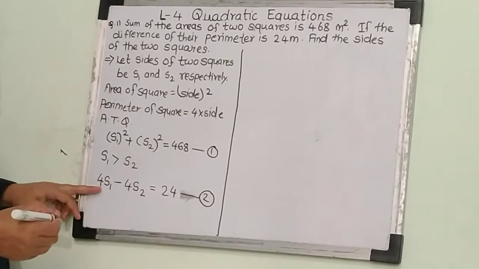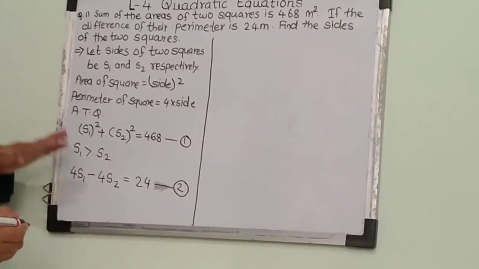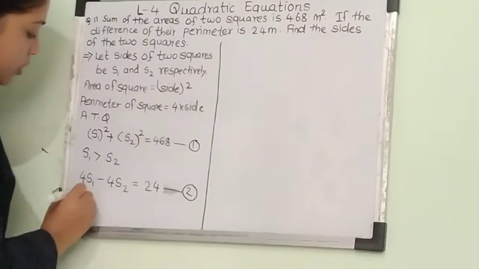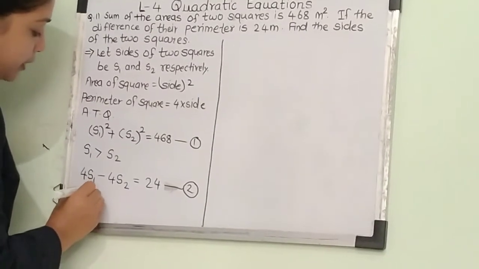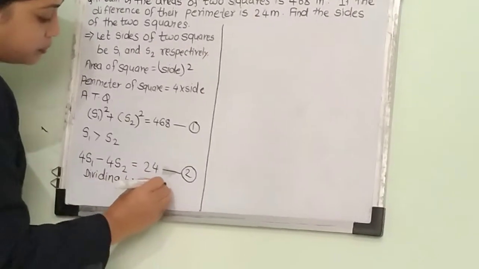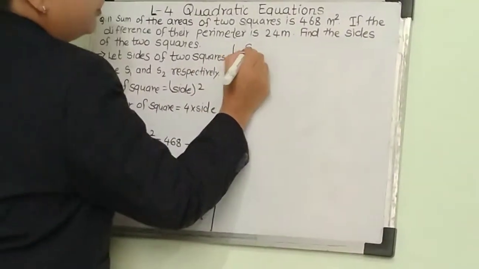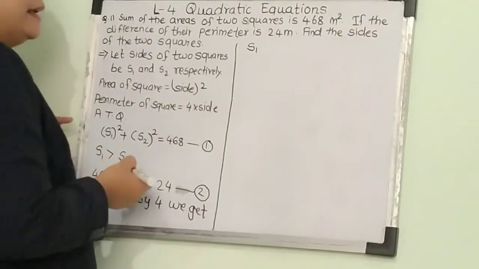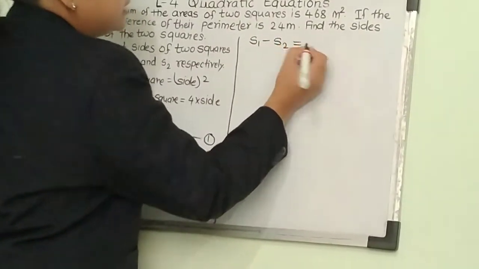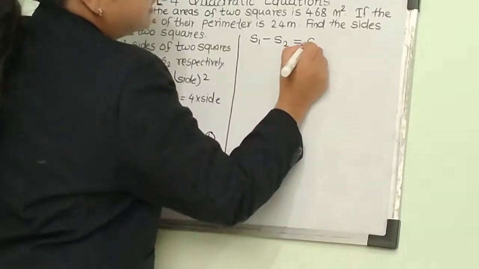Now here 4, 4 and 24 are divisible by 4. So after dividing by 4, 4 divided by 4 is 1, so S1 minus S2 is equal to 24 divided by 4, which is 6.